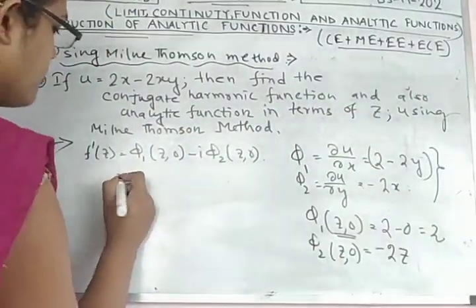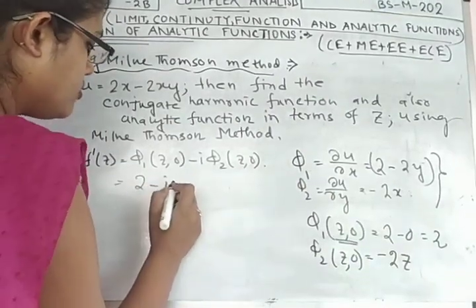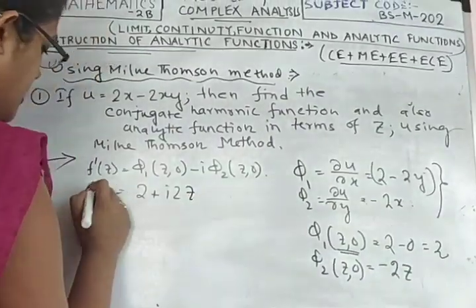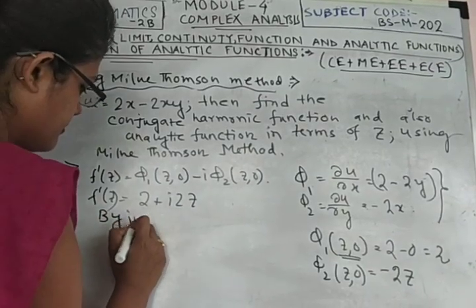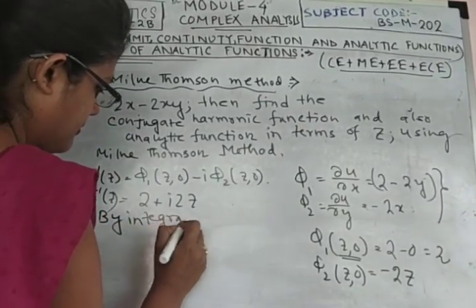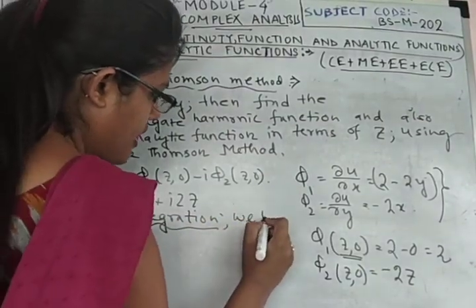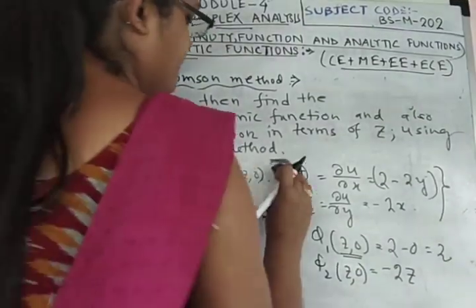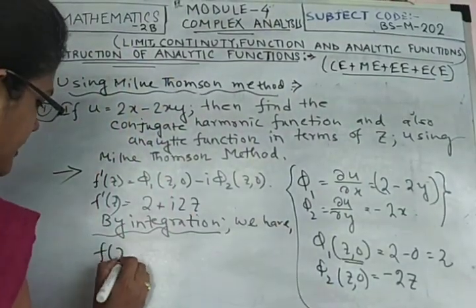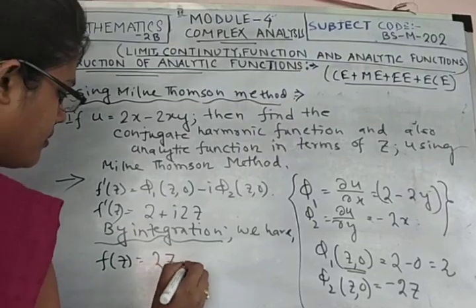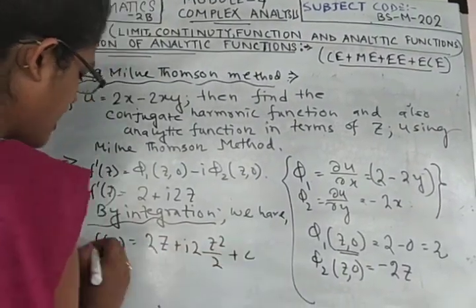Now putting these values in the formula, f dash z equals 2 minus i into minus 2z, which is 2 plus 2iz. Now by integration, we have f(z) equals 2z plus i times 2z squared by 2 plus c, where c is an arbitrary constant.